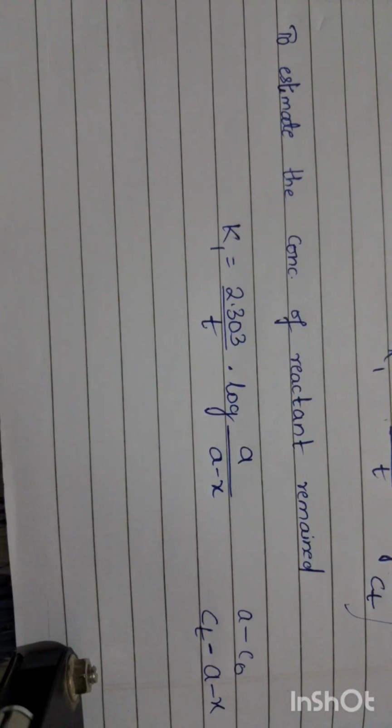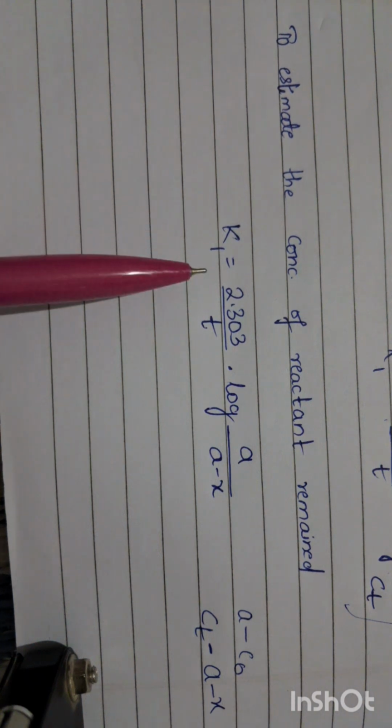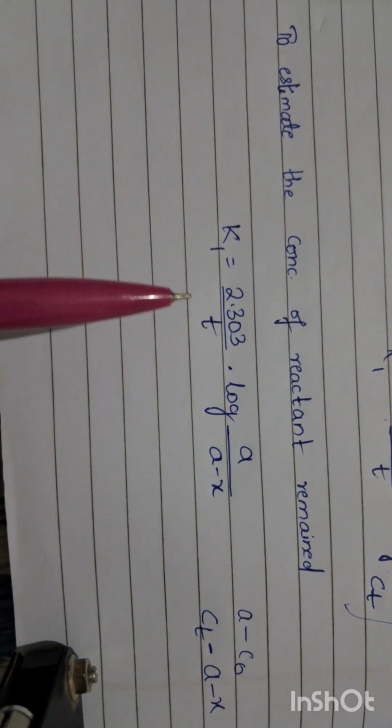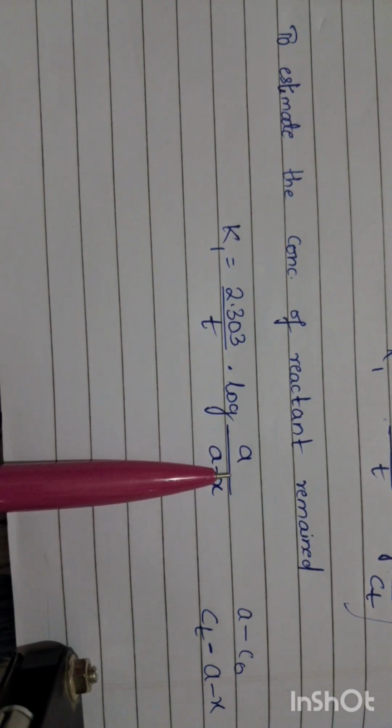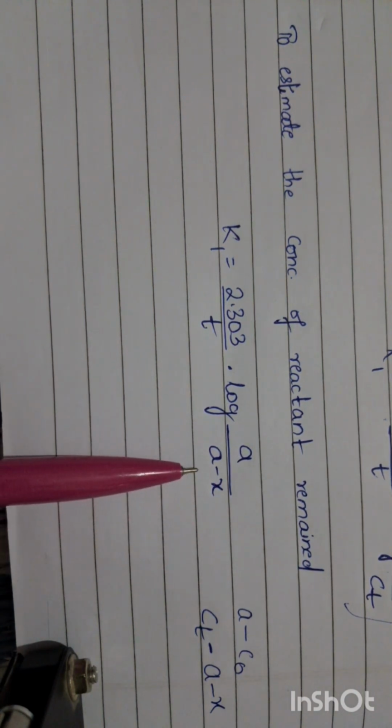To estimate the concentration of the reactant remaining, K1 is equal to 2.303 by T into log A by A minus X, where A is the initial concentration and A minus X is the final concentration.